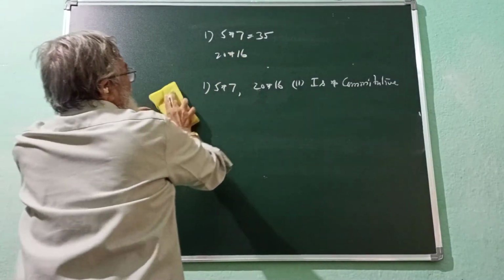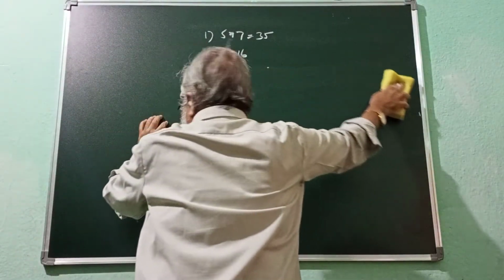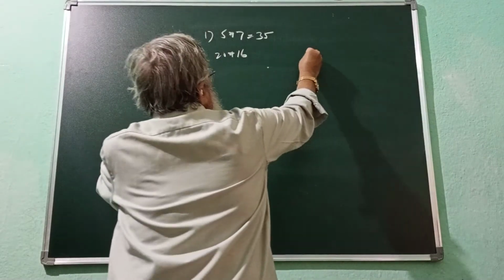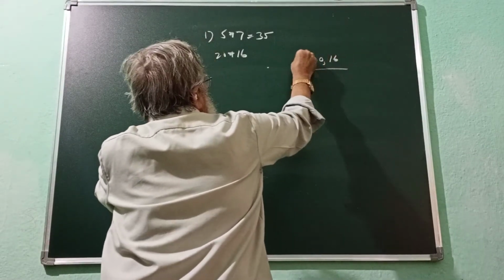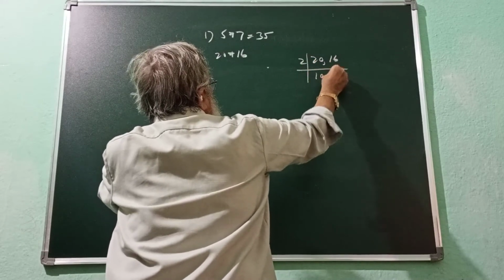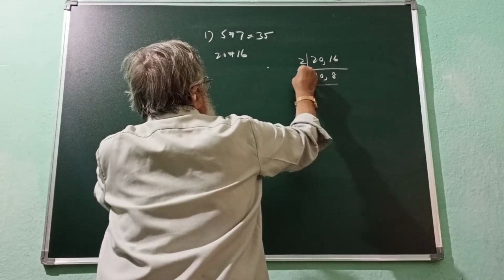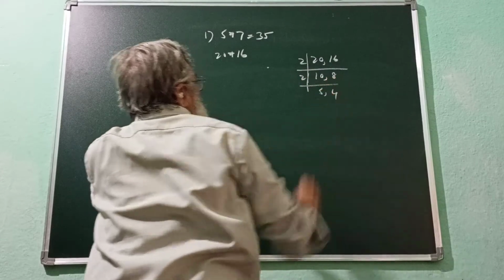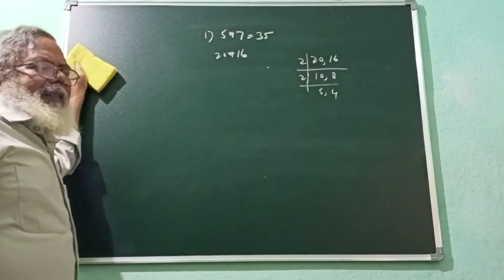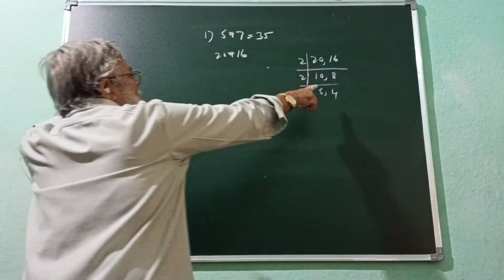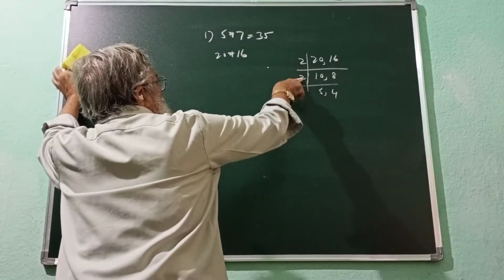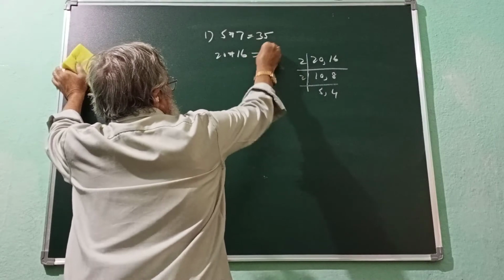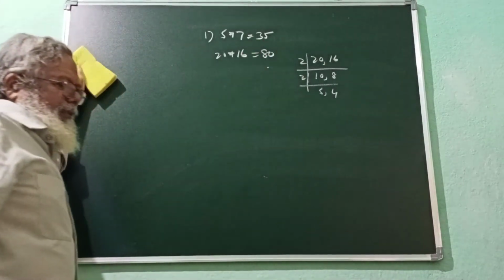To find the LCM, let us find it practically. This is the method of finding the LCM. Now 5 into 4, that is 20. 20 into 4 is 80. That is the LCM.